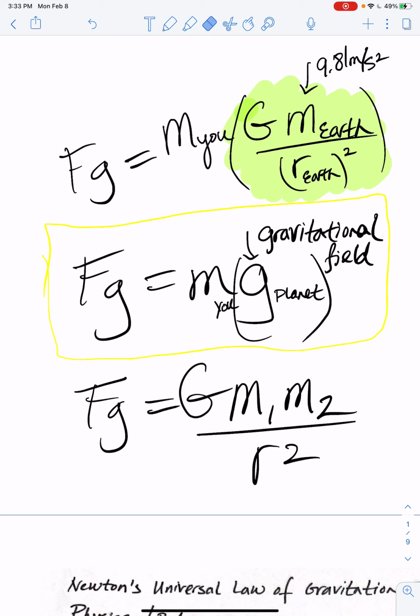Well, we could get rid of this 9.81 for a second and say that this is just the mass of any planet, and this is the radius of any planet. And you can see we have a generic formula for finding the g of a planet, whether that's the moon or Jupiter or whatever. All right, anyways, enough about that.